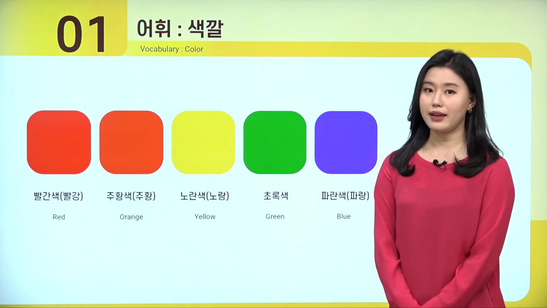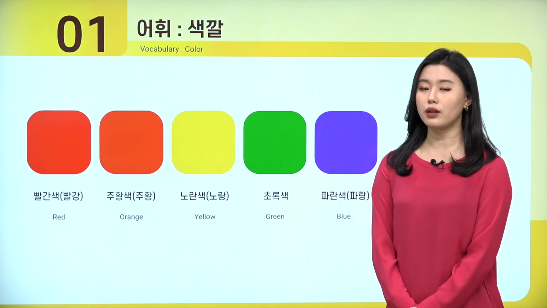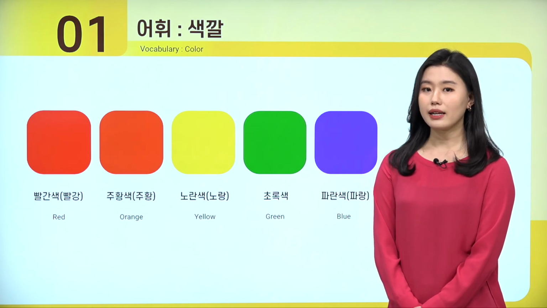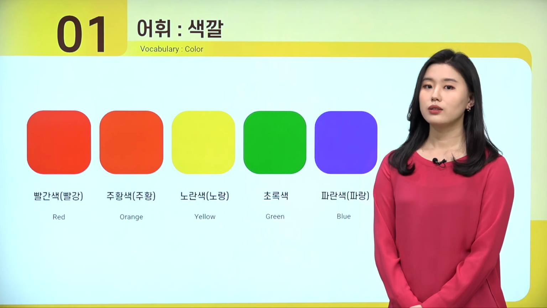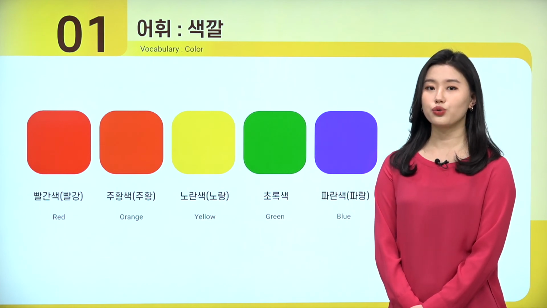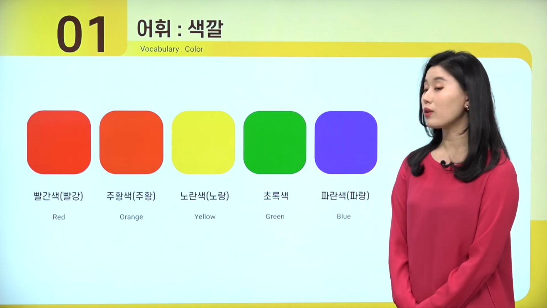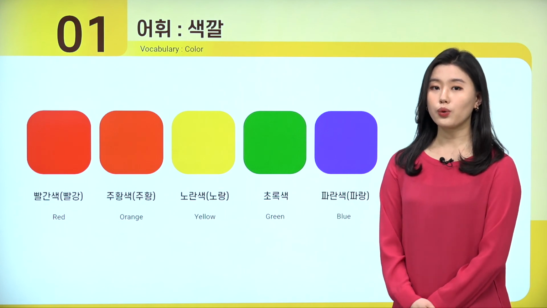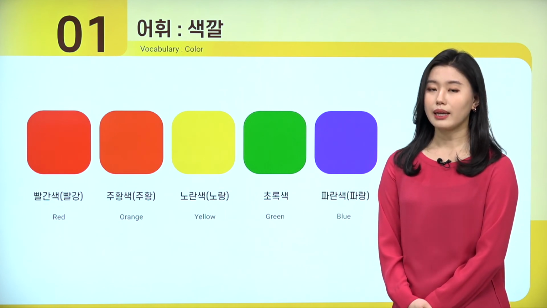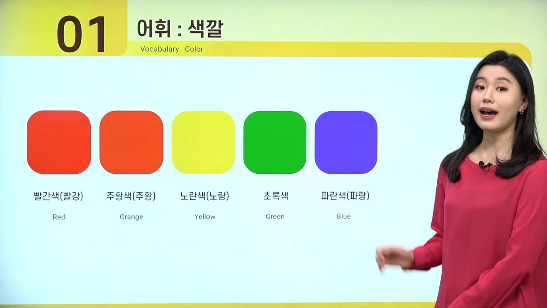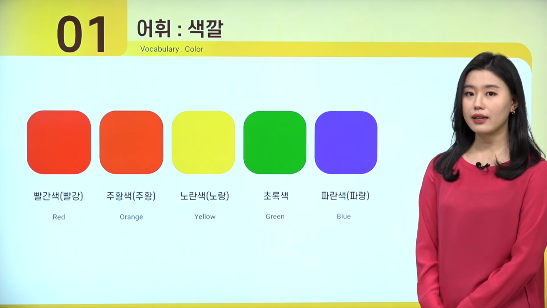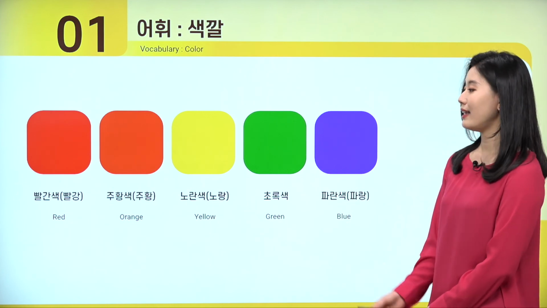From the beginning, we have 빨간색 or 빨강. 주황색 or 주황. 노란색, 노랑. 초록색 or 녹색. 파란색 or 파랑.